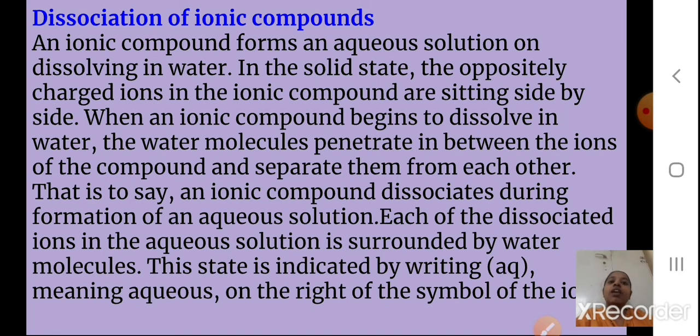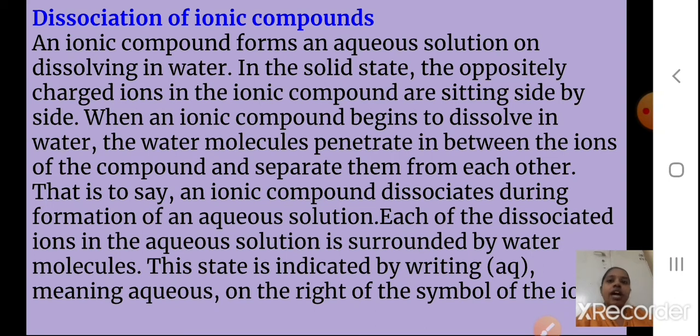When an ionic compound begins to dissolve in water, now if NaCl, you know it is completely dissolving in water, the water molecules penetrate in between the ions of the compound and separate them from each other. What will water do? It will separate out Na+ and Cl- again.